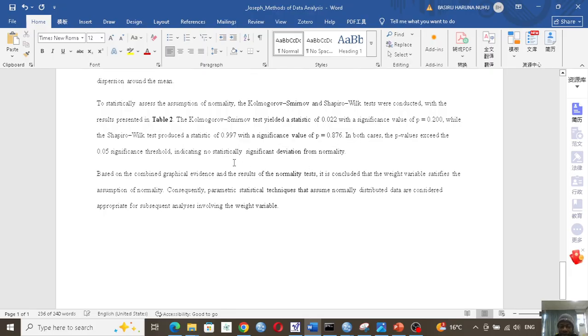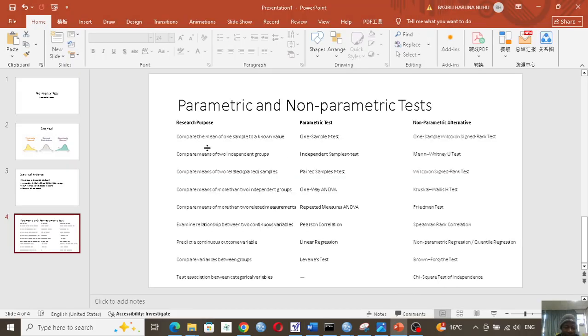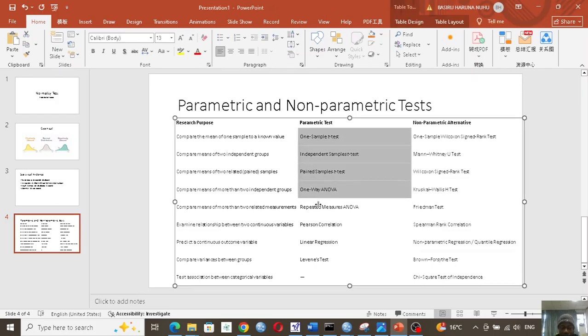So based on the combination of this, we could tell that the data is normally distributed, and therefore our further analysis should be based on parametric. That means that if these are our objectives, then the best methods should be this one.